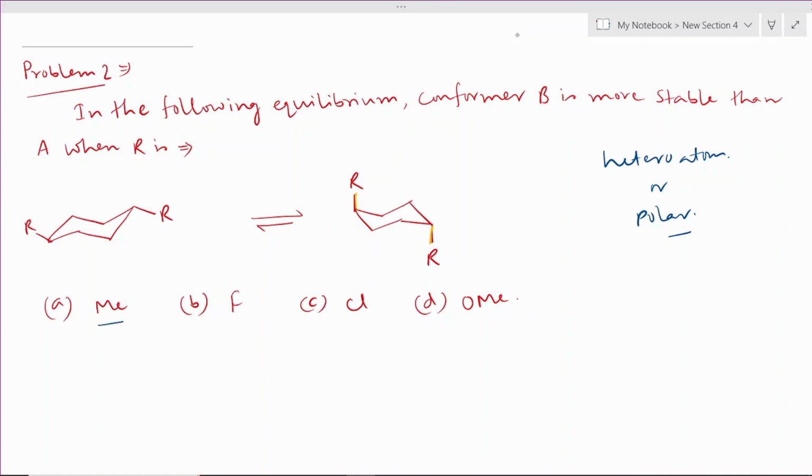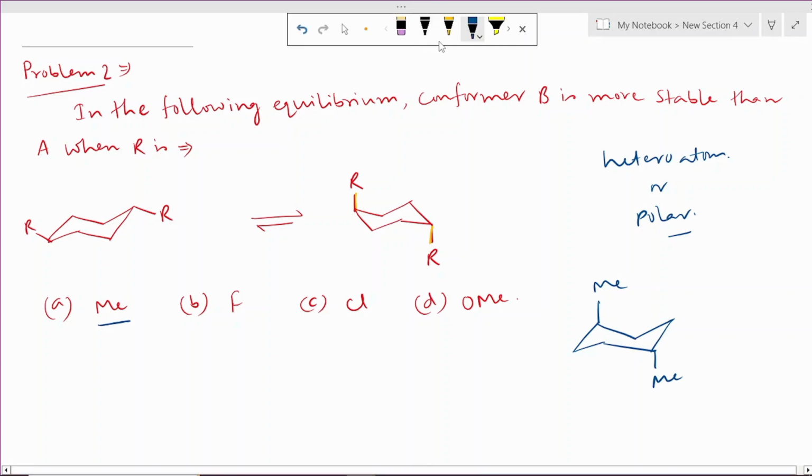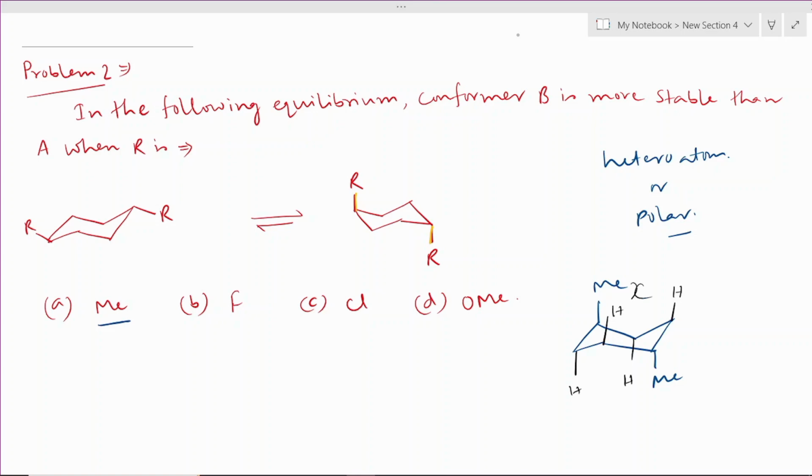But methyl is not a polar group and it actually exists in equatorial position, because if methyl exists in axial position, then a severe 1,3-diaxial interaction will be present. So because of steric reasons, this conformation is very less stable. So methyl is the wrong option.